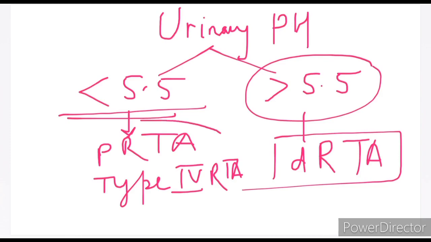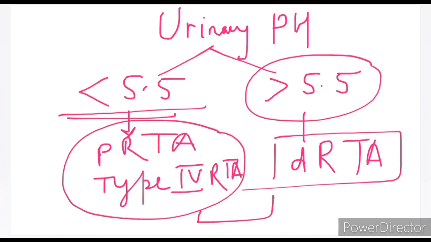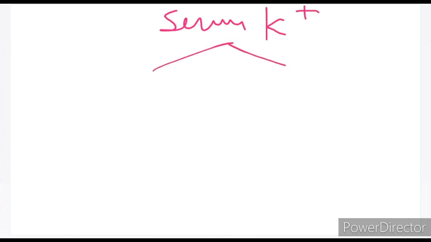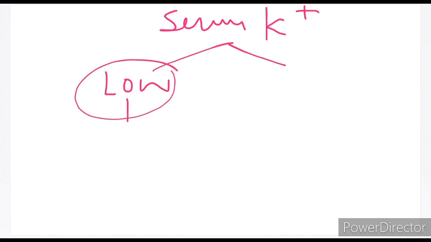Now we have to differentiate these two. For this we look at the serum potassium level. If serum potassium level is low, then we have proximal RTA.